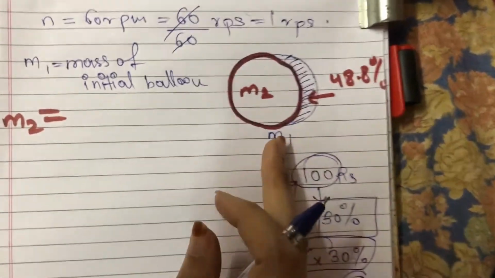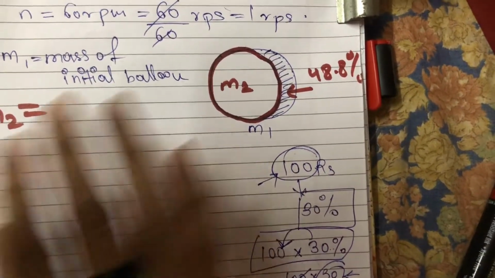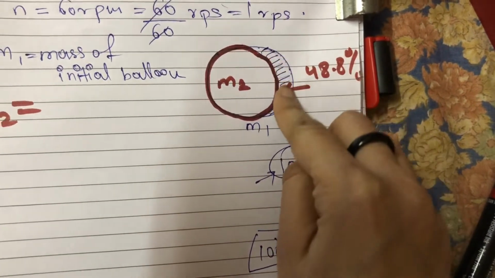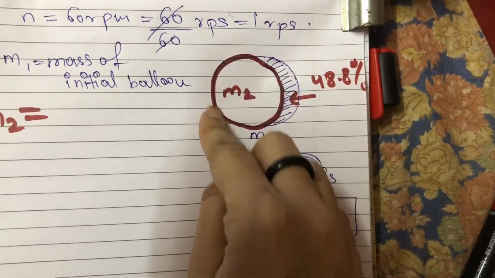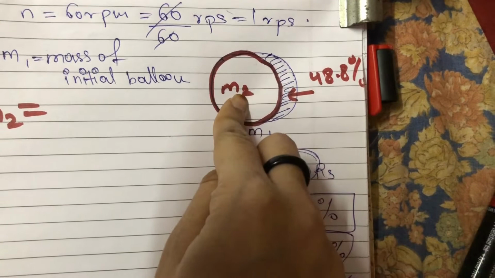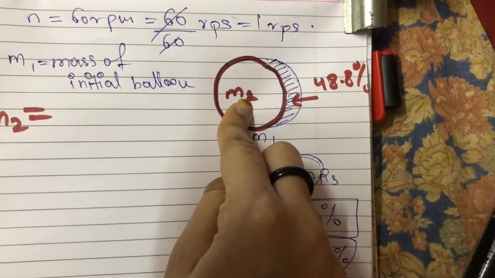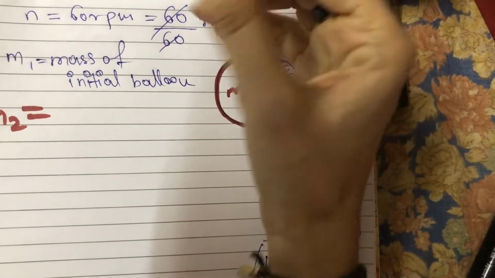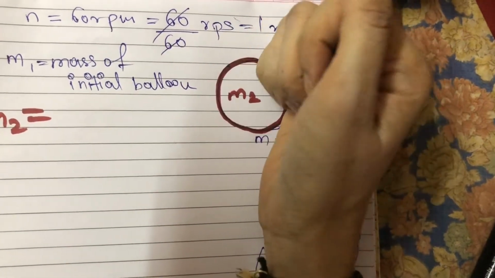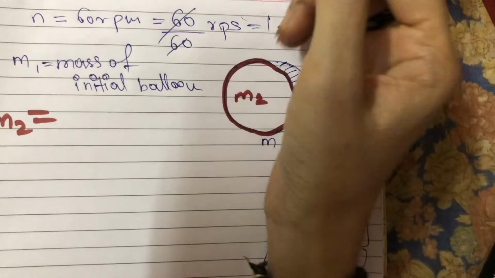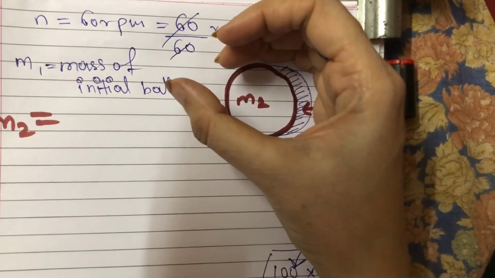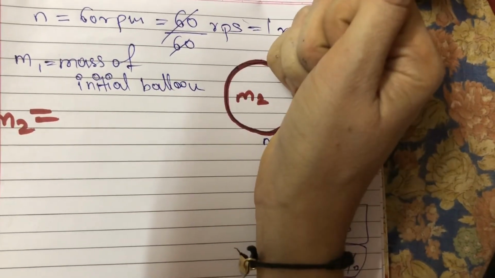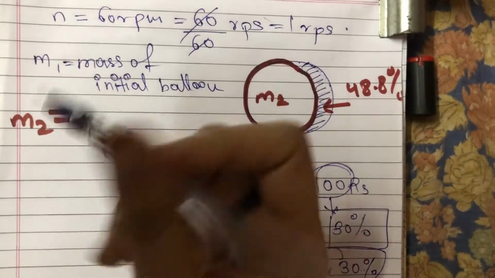First, please pay attention while calculating mass 2. Now look, this is your initial mass m1. From that you need to calculate m2. So how will you obtain it? From m1 you subtract this much amount, and you will get m2.